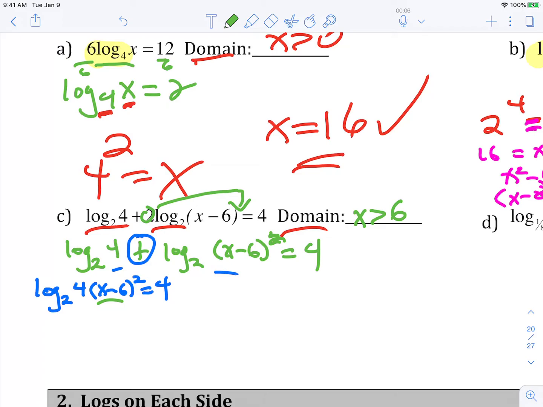So let's go ahead and change it to exponential form, and we have 2 to the 4th power is equal to 4 times x minus 6 squared. And nobody in this class better ever say that this is x squared minus 36. We have to expand it. So 16 is equal to 4 times x squared minus 12x plus 36.